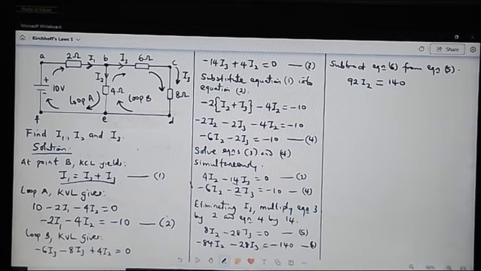As a result, I2 will be equal to 140 over 92, which is equal to 1.52 ampere.